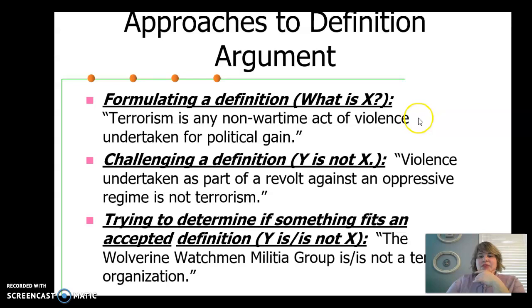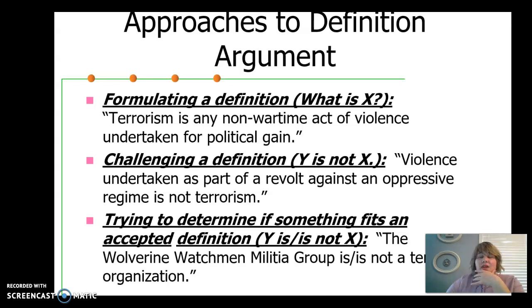So there's a couple of different approaches you can take to definition. So you can actually create a definition, and that's asking what is X. So all of these claims deal with some form of terrorism. So we might argue terrorism is any non-wartime act of violence undertaken for political gain.